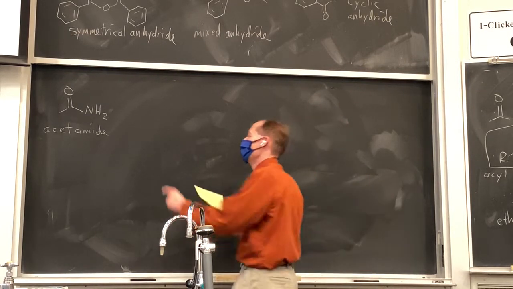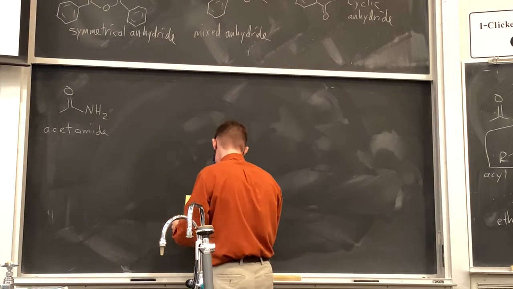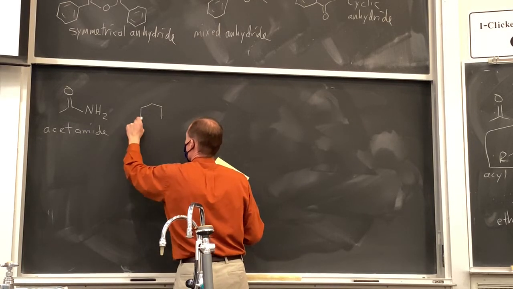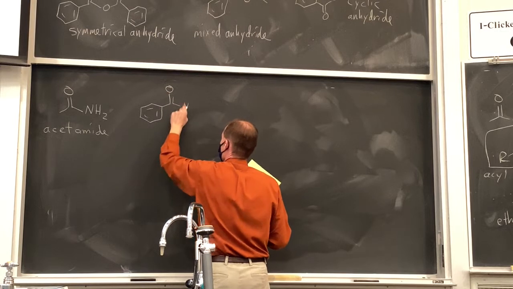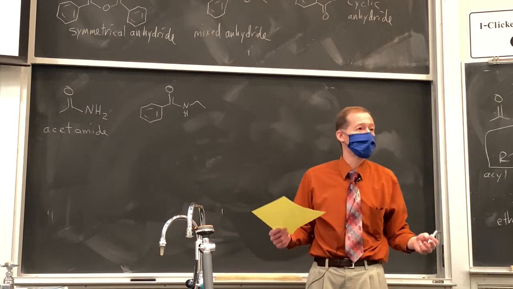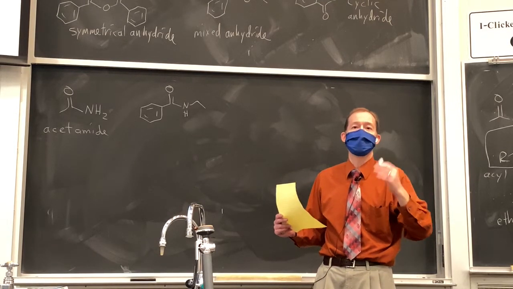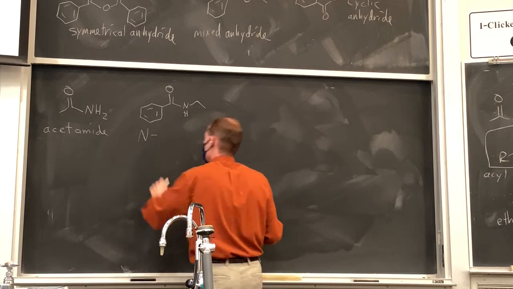Now, if we have a secondary amide, we now have an alkyl group attached to our nitrogen, and we have to name that alkyl group, just like we did with esters. But when that alkyl group is on any atom other than an oxygen, we have to use a letter associated with it.